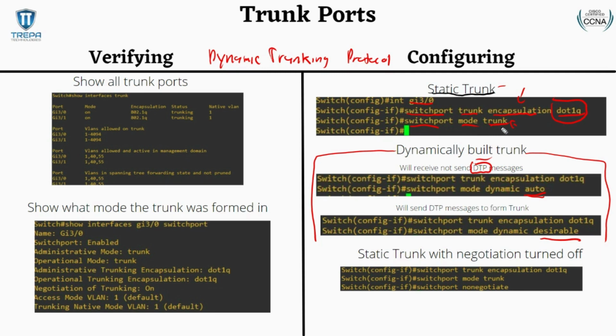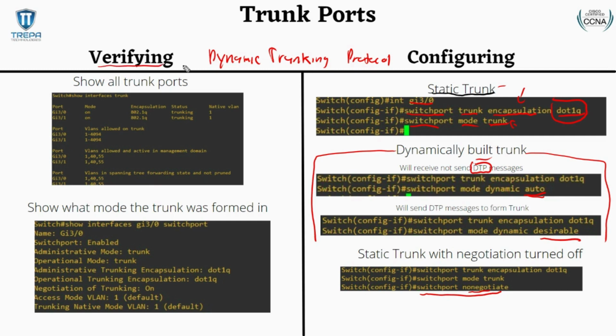And I'm actually going to show you that in Wireshark. You may say, well, that doesn't make a lot of sense, but it will when we do that Wireshark capture. So the actual way we turn off all DTP messages is with this command down here, which is switchport nonegotiate.